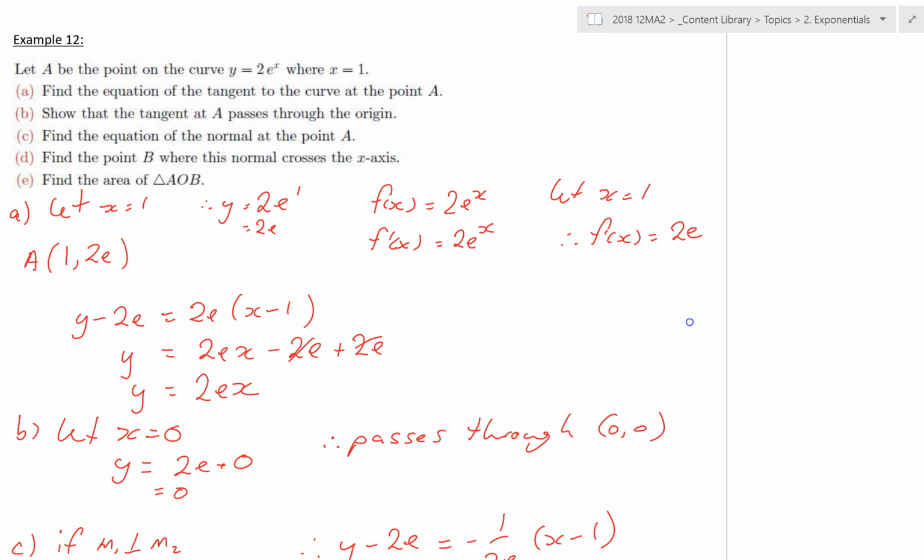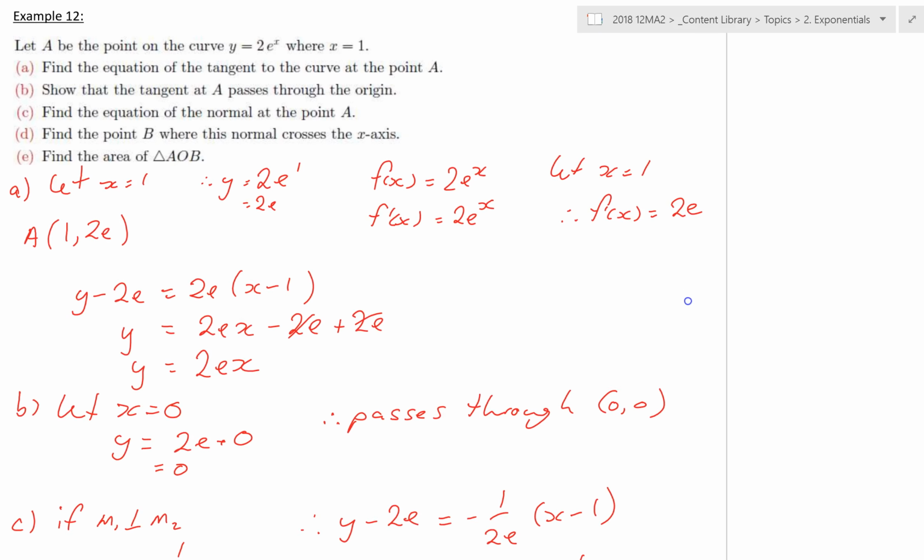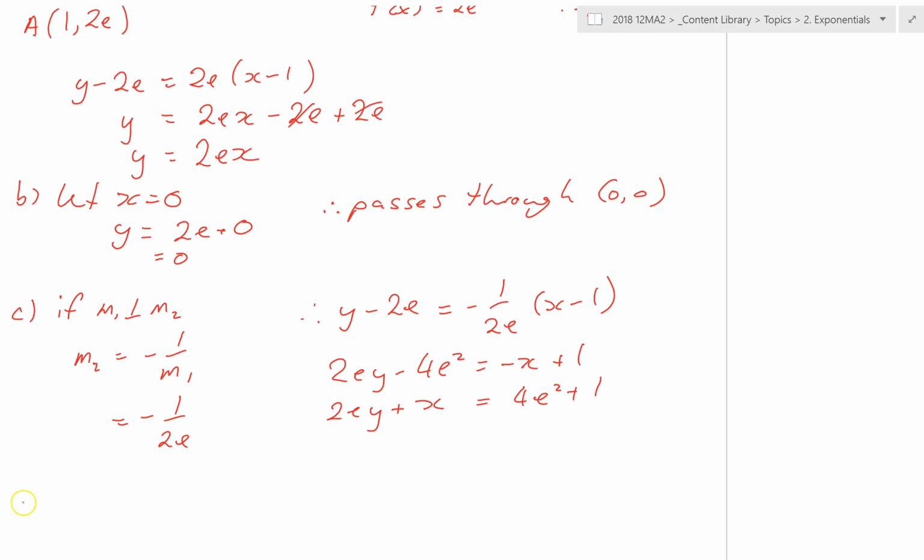Great. Now, find the point B where this crosses the x-axis. So for part D, where does it cross the x-axis? It crosses the x-axis when y equals 0. Let y equal 0. Therefore, 0 plus x equals 4e squared plus 1. Geez, that was nice. That's part D done.